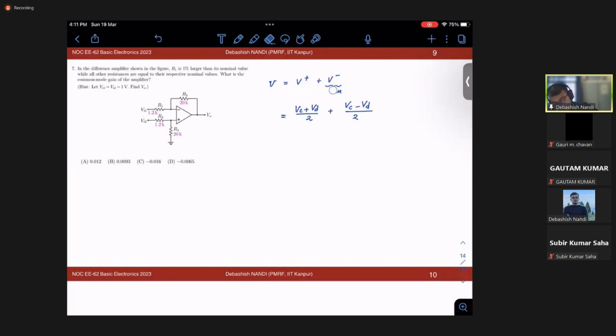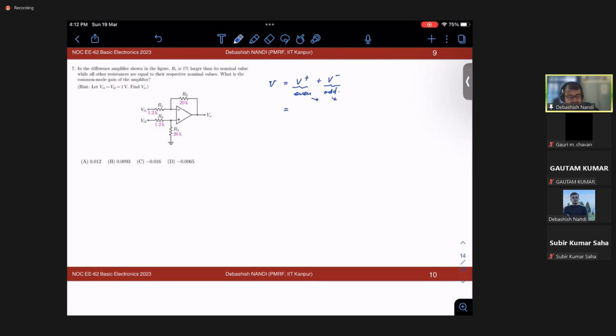If you take any signal, it has some even part and odd part. You can split the signal into even and odd parts, and you will find that your signal has some common part and some differential part.